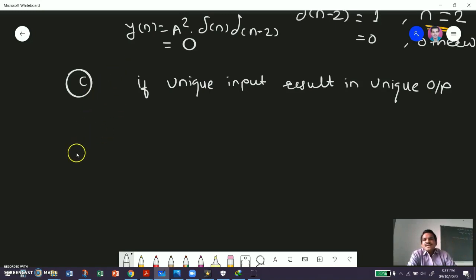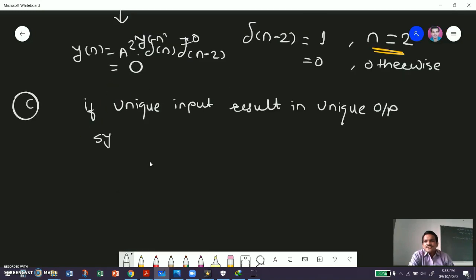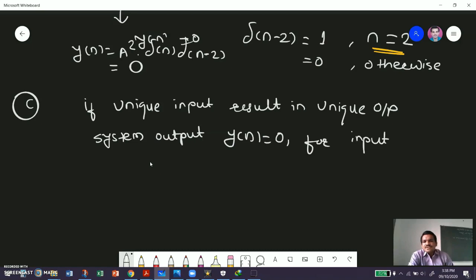But you can see that in this case the system output y of n is 0 for input delta n minus k.